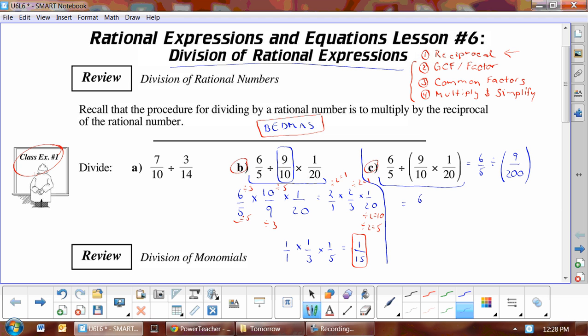And then we get to go, oh, first step in dividing is we take the reciprocal and multiply it. And then we find those common factors. So I'll go, okay, well, I can divide this by 3, and I can divide this by 3, and we'll get a 2 and a 3 now. And then I can divide this by 5 and get 1, and divide this by 5 and get 40.